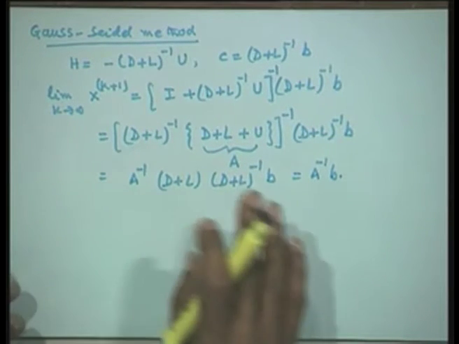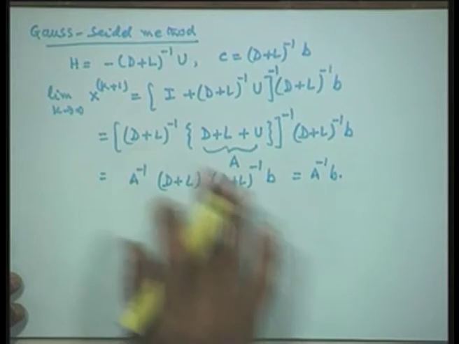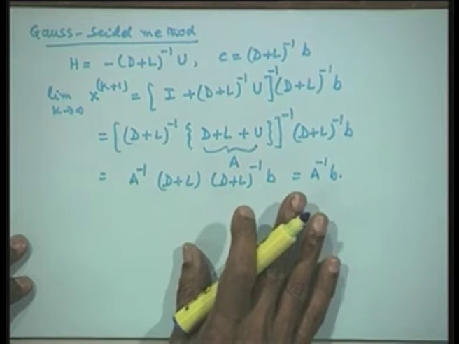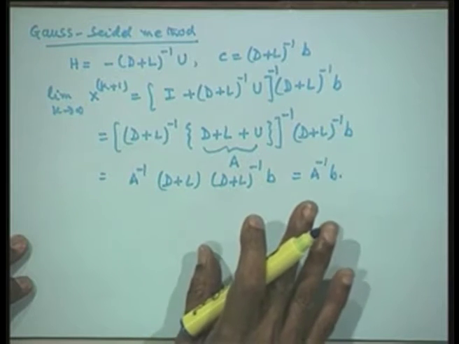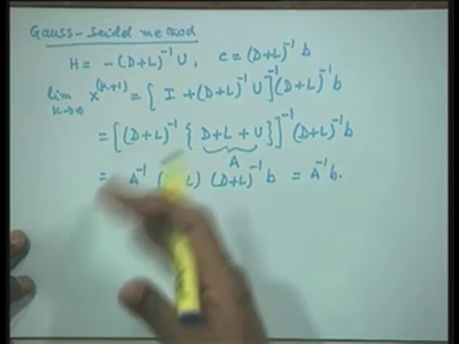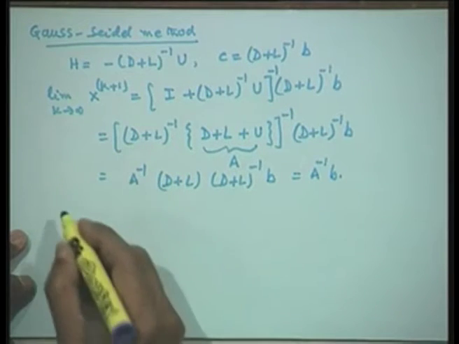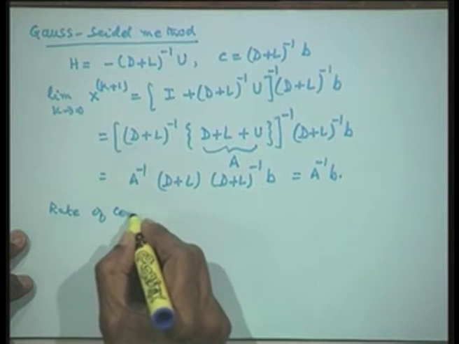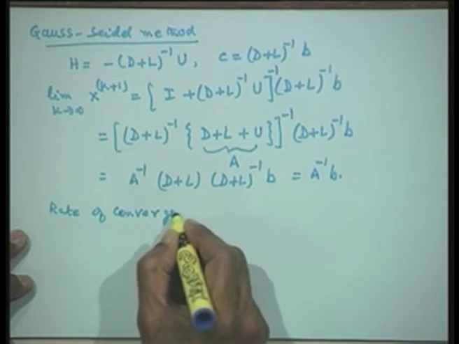Now, once we have defined the convergence, that all these methods are going to converge provided the norm of the iteration matrix is less than 1 or spectral radius less than 1, we need to give a measure of how fast the rate of convergence is. Now, we define the important number, the rate of convergence of any iterative method.